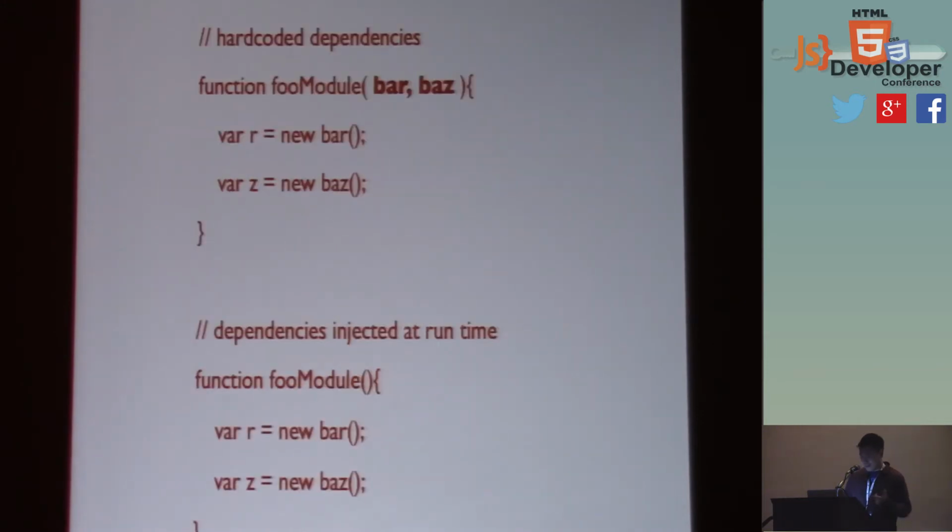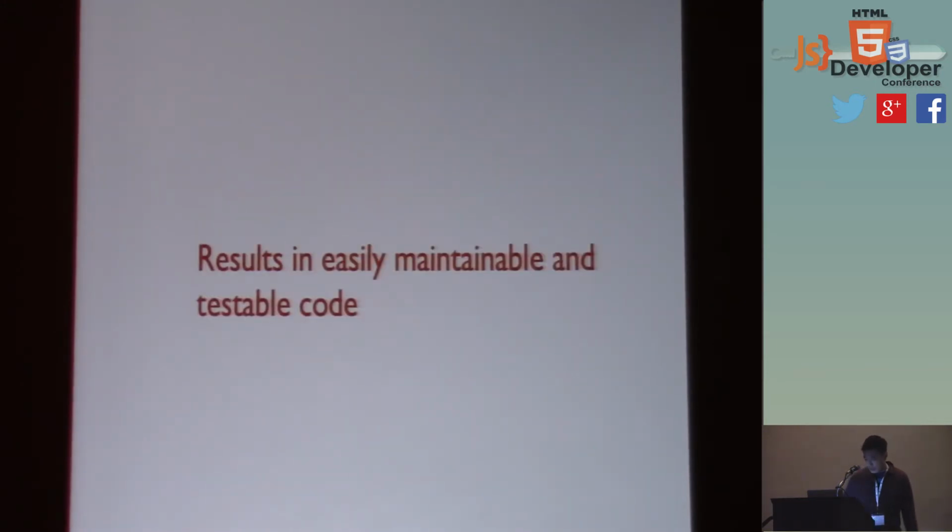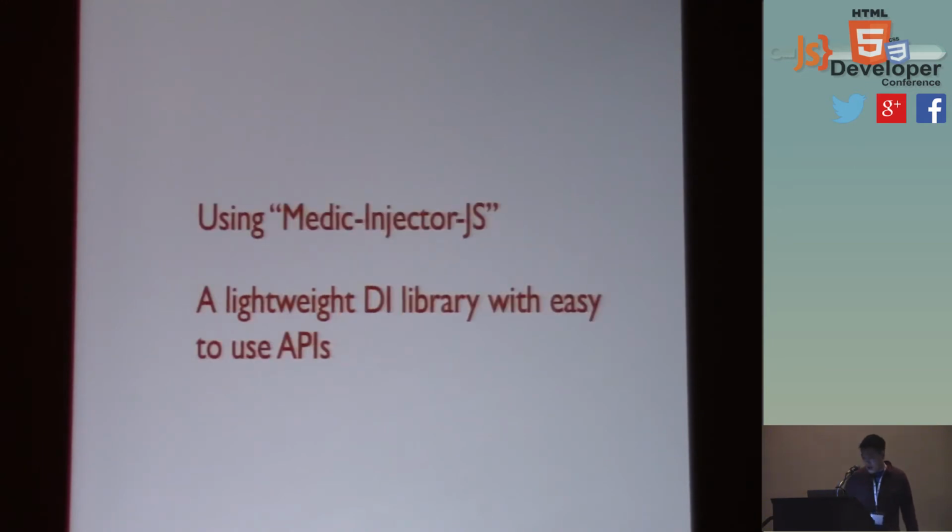Okay, so this is an example. This results in more easily maintainable and testable code. Okay, after surveying all the DI libraries out there, we finally settled on this one. Trust me, this is not easy. There are like 10 DI libraries for the browser.